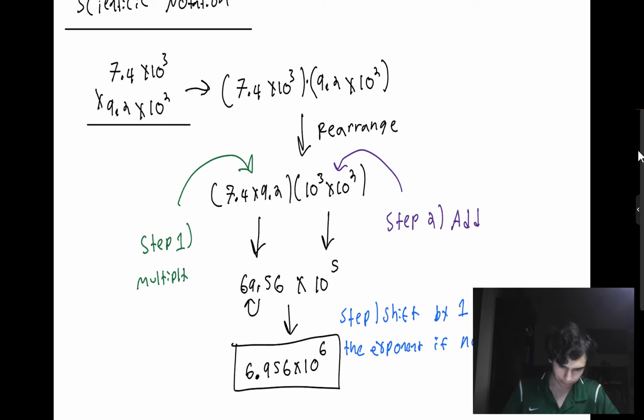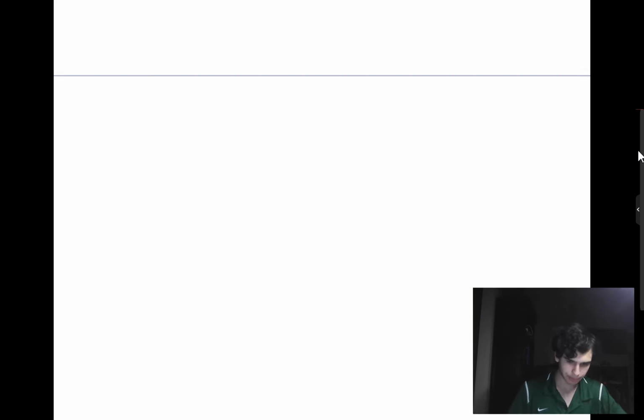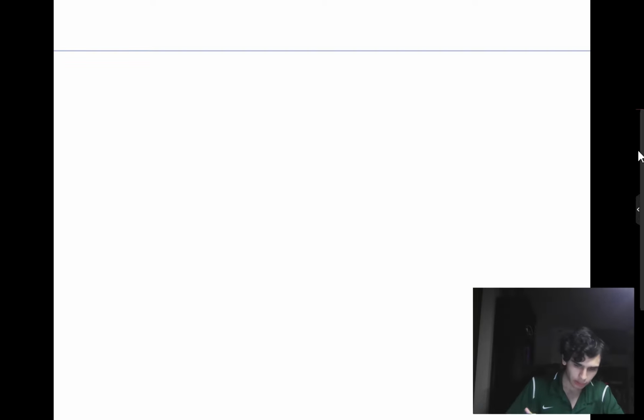So now let's go over a floating point example. Floating point numbers, we're going to do double precision because that's what's used in better systems.